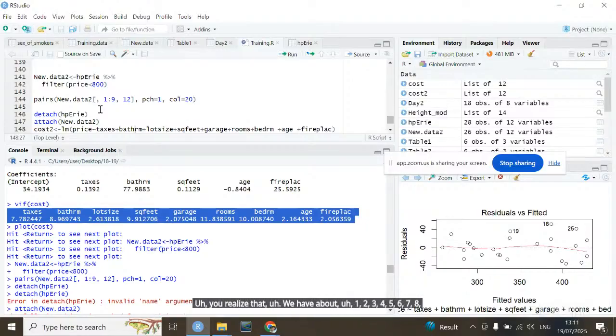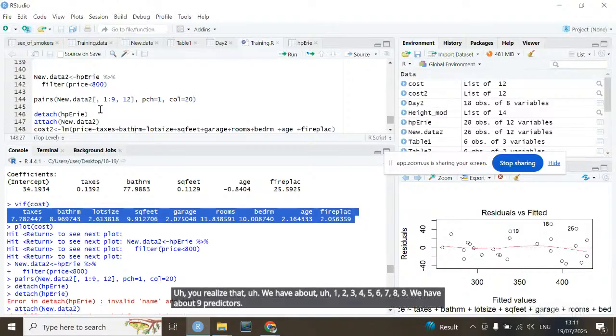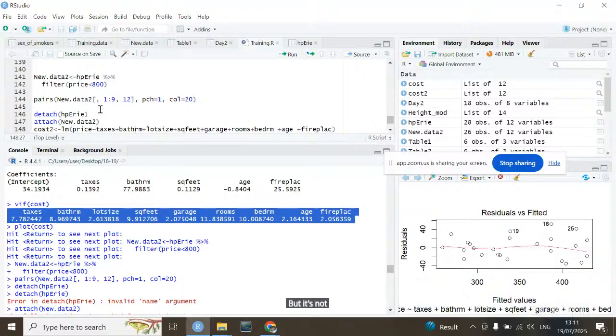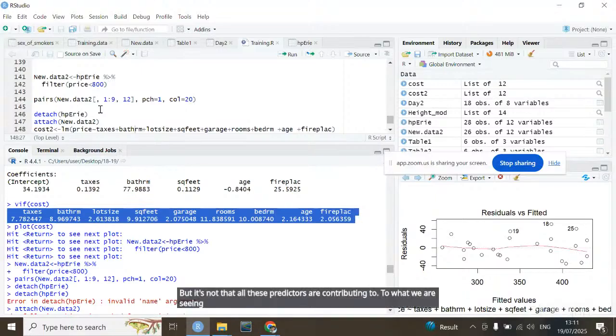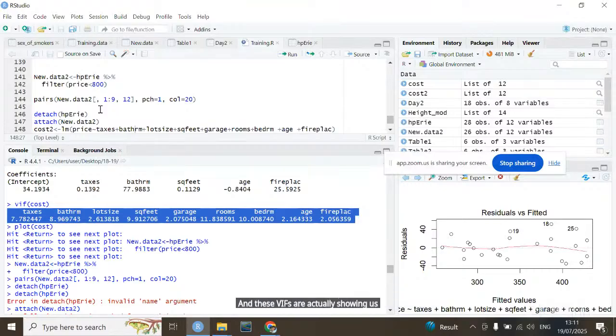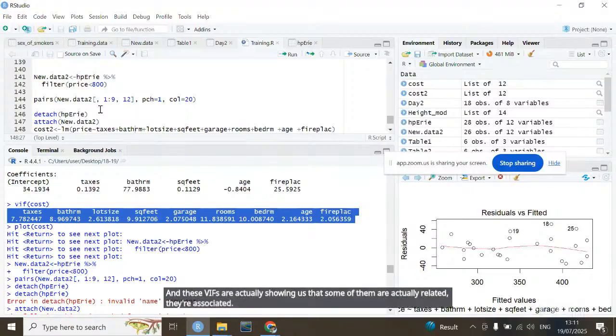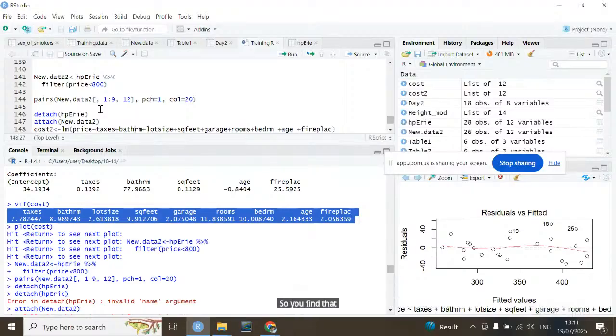We have about 9 predictors, but it's not that all these predictors are contributing to what we are seeing in the final prices. And these VIFs are actually showing us that some of them are related, they're associated. So in our model, what the square feet would explain, even rooms can explain that.